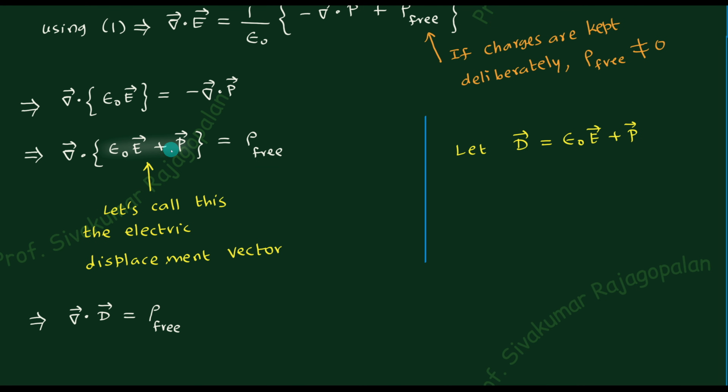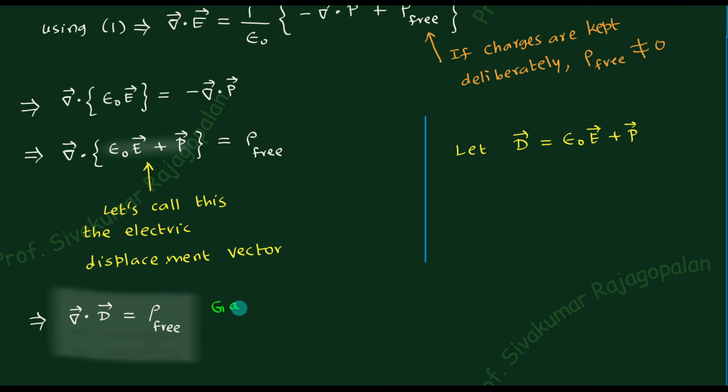So if you call this object the D vector, then we say that the divergence of the D vector will be equal to rho free. Rho free will generally be 0 when you don't apply charges intentionally, or if you are applying, it is a known quantity, so we can always evaluate this. So this equation, written in this particular form, is what is known as the Gauss law in presence of dielectrics, and therefore this is an important result.